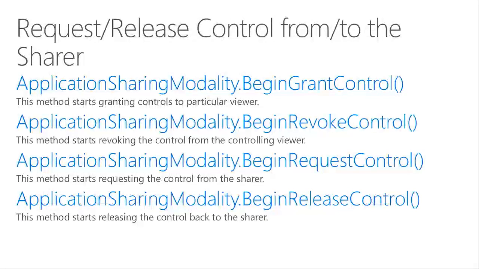Begin request control is for the viewer to request control from the sharer. And once you're done with the control, the viewer can call begin release control to release the control.